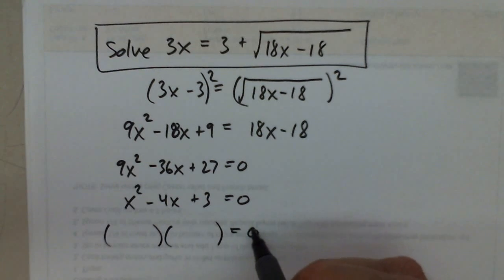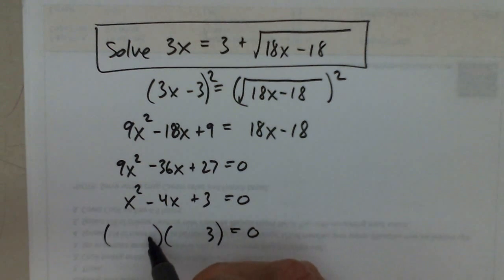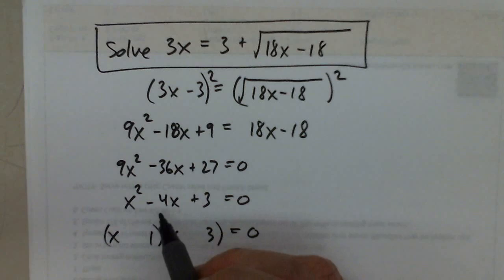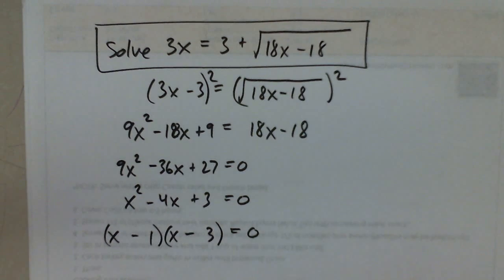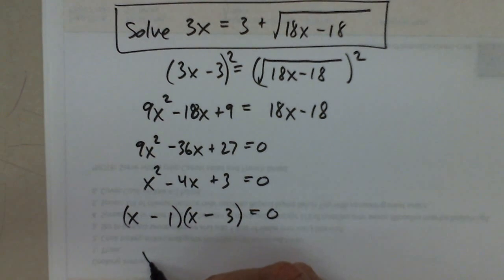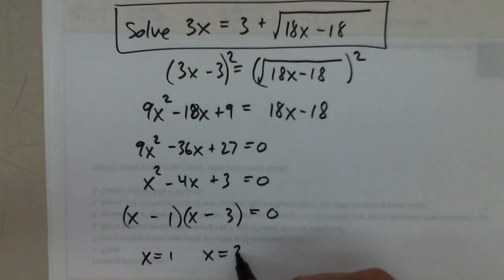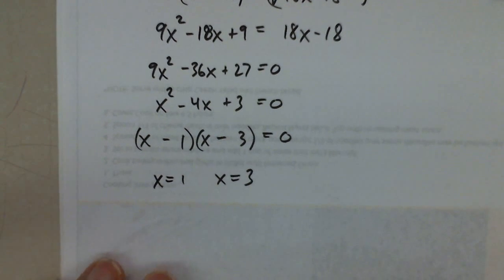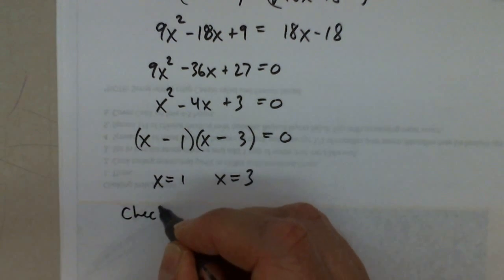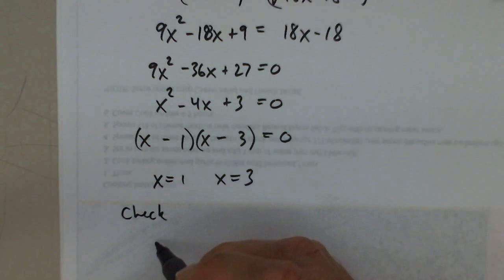Factor. Multiplies to get 3, adds to get negative 4, so we just make them both negative: 1, 3. Check.